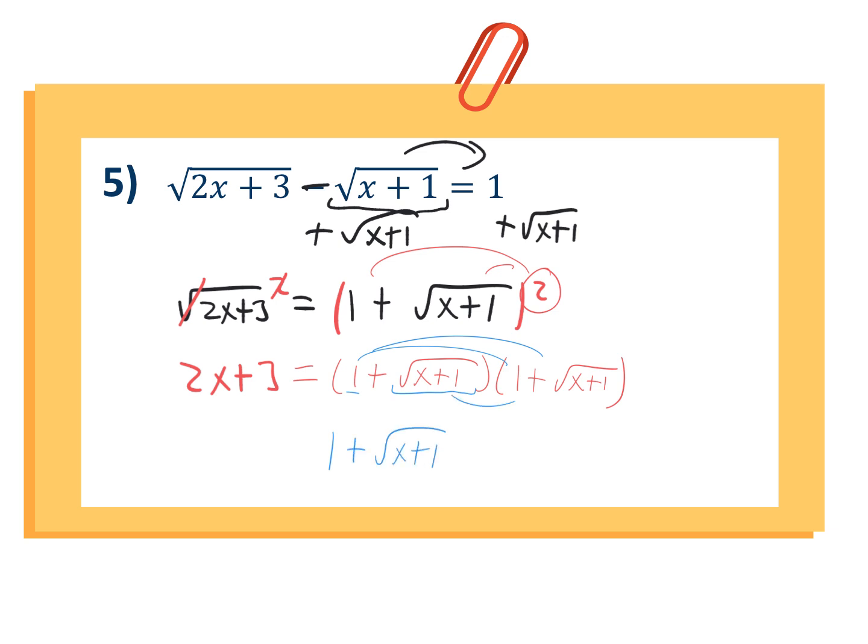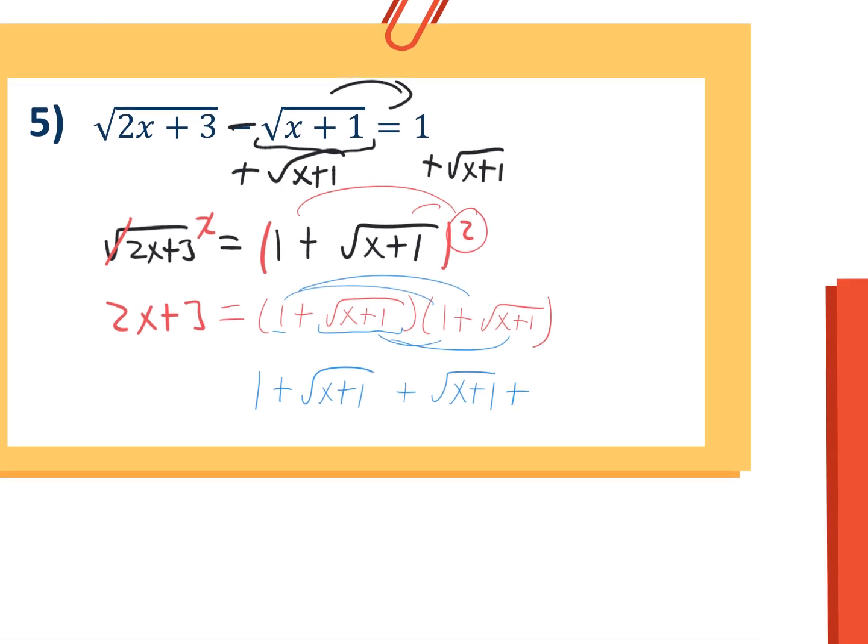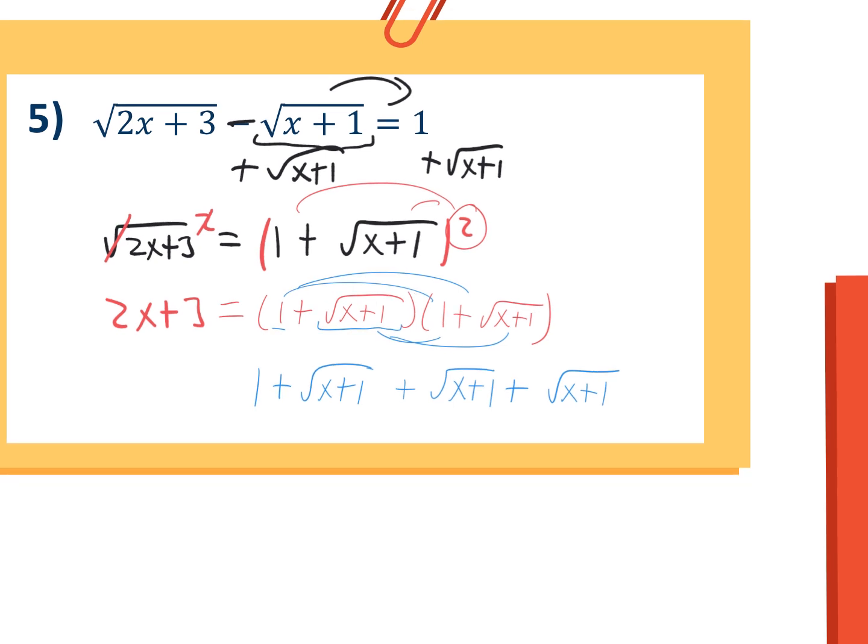We do the same thing over here: the square root of x plus 1 times 1 is just the square root of x plus 1. And now the square root of x plus 1 times the square root of x plus 1, we've seen this before in our radical section way back. When you square a radical, or multiply a radical by itself, the radical goes away.